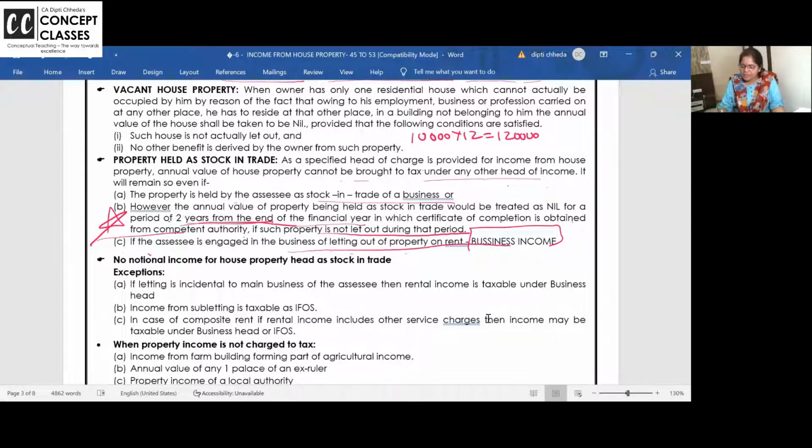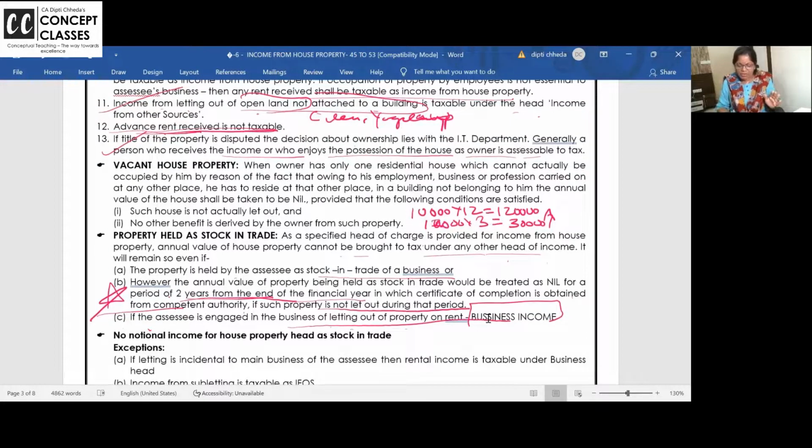So you are saying, Dipti ma'am, March, April, May rent, 10,000 into 3, I will pay you now only and go. Because I have received 30,000 rent for March, April and May now in advance, will I have to pay the tax now for April and May? Answer is no. Advance rent received is not taxable.